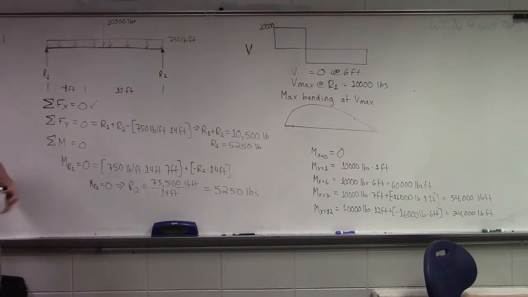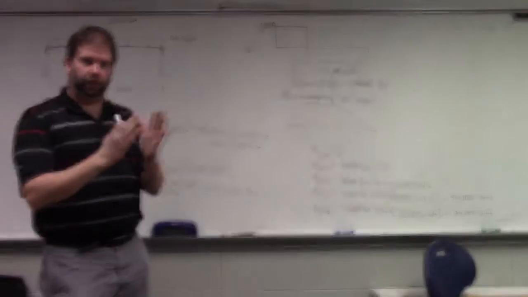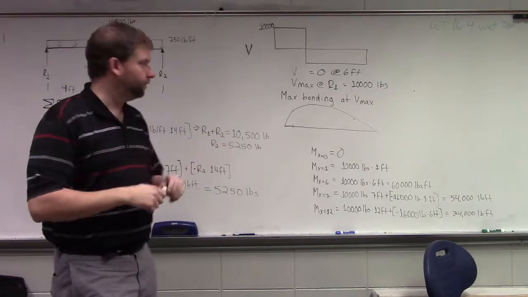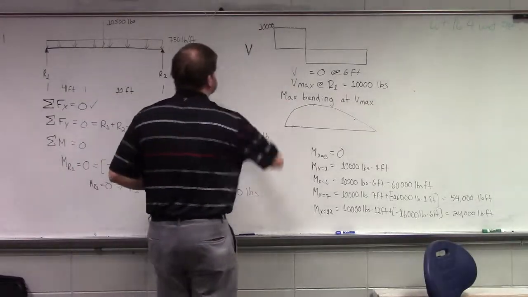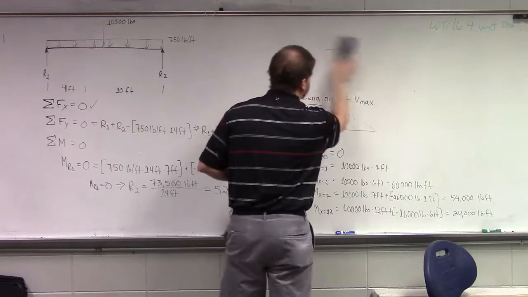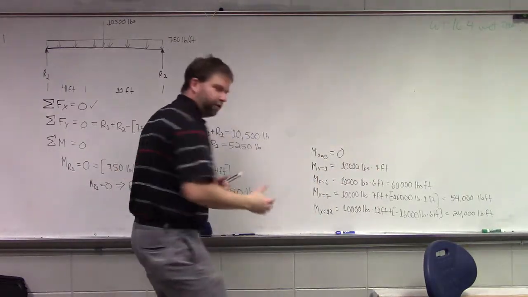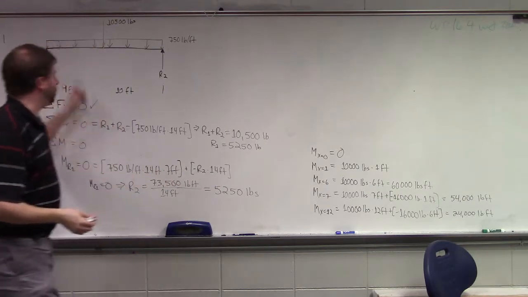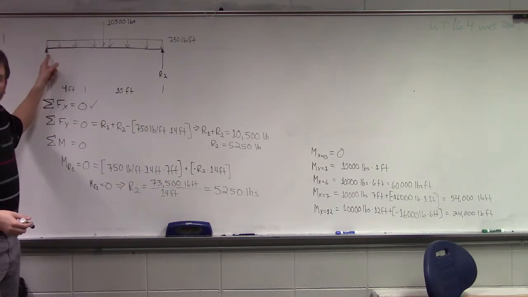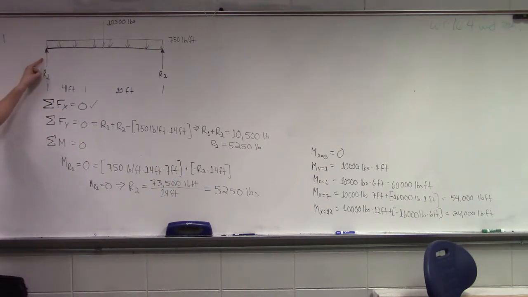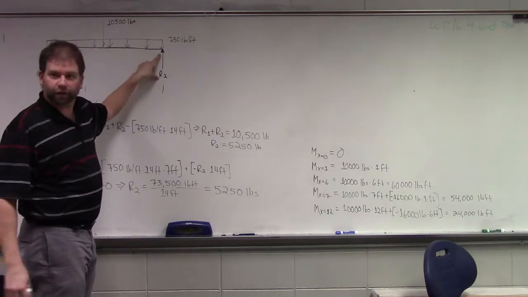And that's what we did, remember, depending on if you're looking at it left to right or right to left, the magnitude of our shear diagram is just based on how we start our analysis, right? If I start at reaction 1, I'm going to have 5250 positive over here and negative 5250 over here.